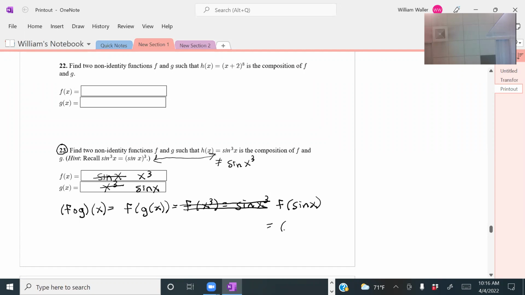So you get sine of x raised to the third power, which again you can write as this if you don't want to write parentheses. You're going to see this expression a lot, where you're taking the sine of a number, cubing it or squaring it or raising it to some power. So remember, you can write the exponent by the sine, and then you don't have to use parentheses.